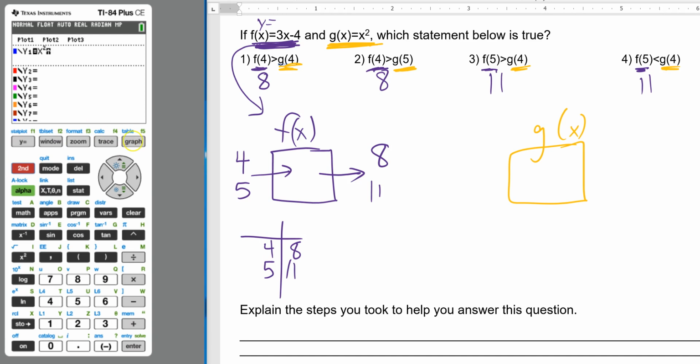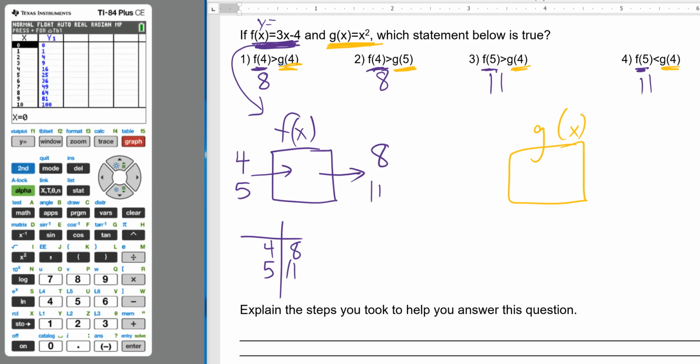We go to the table of values, and again, the only values we're interested in are 4 and 5. At 4, the matching y value is 16, or the output is 16. At 5, it's 25. So in this machine, if you put in a 4, you get out 16. If you input a 5, your output is a 25.